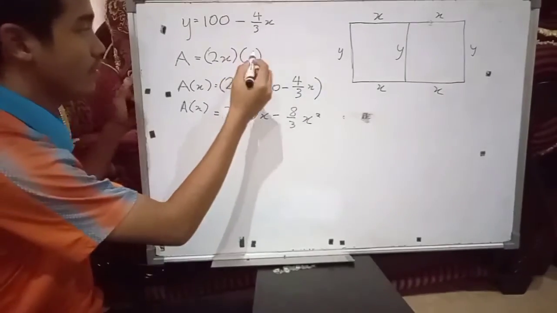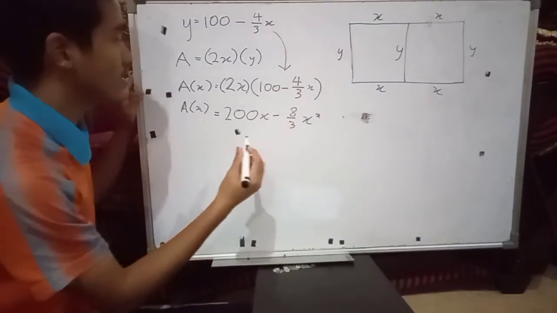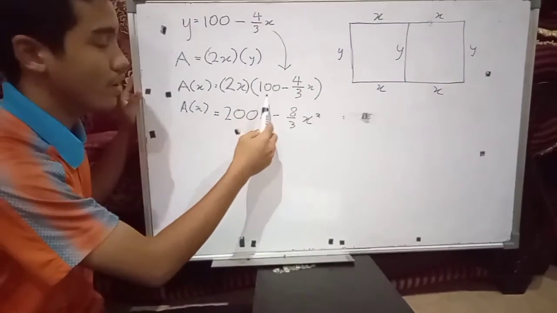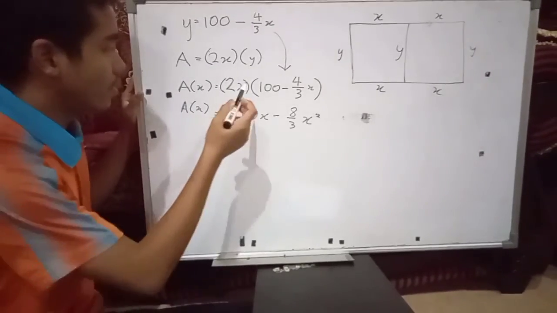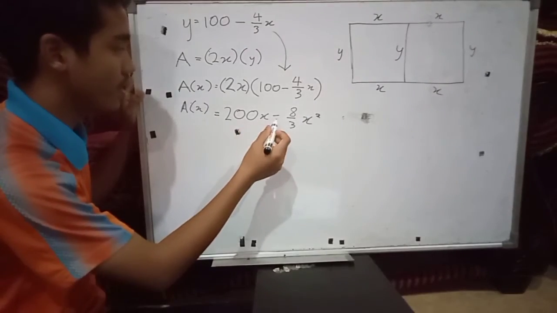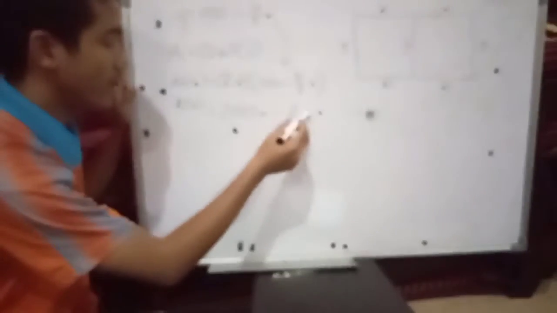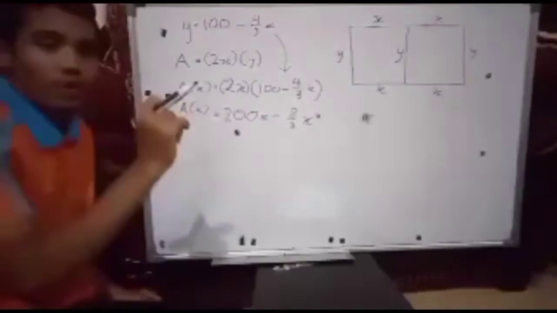So the value of y, we can substitute from above. Now we get 2x times (100 minus 4 over 3 x). And now let's calculate. We get 200x minus 8 over 3 x squared. So this is the function of x.